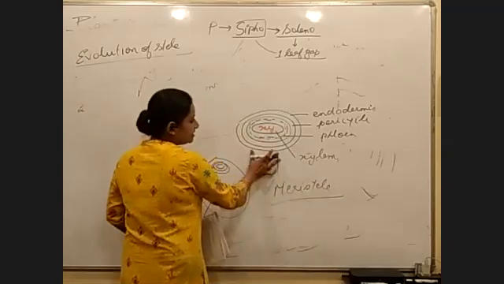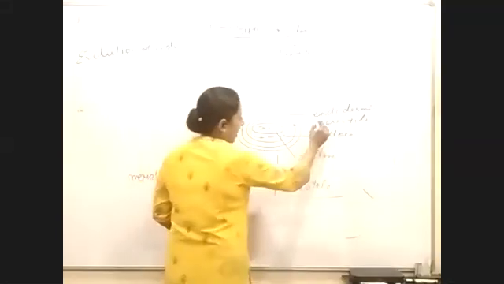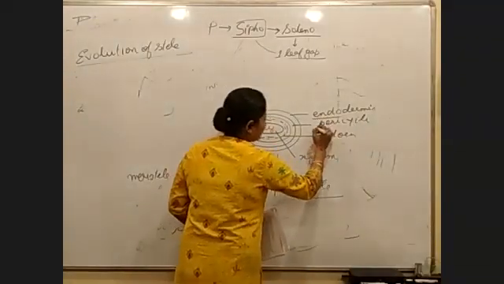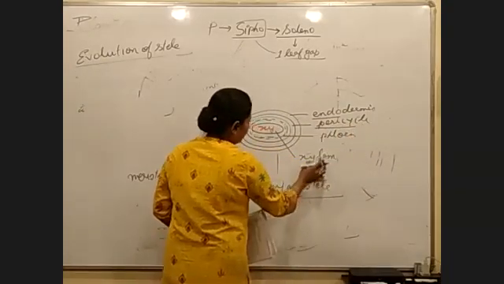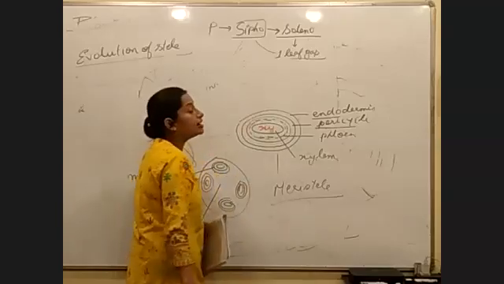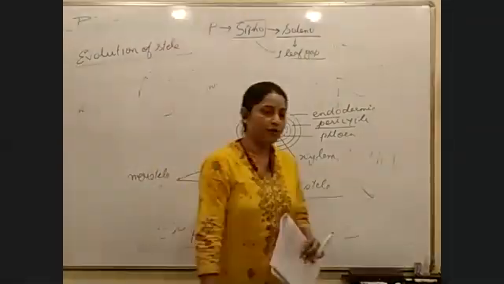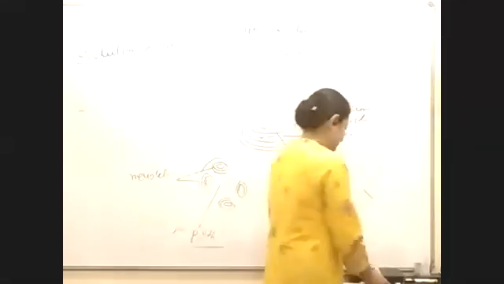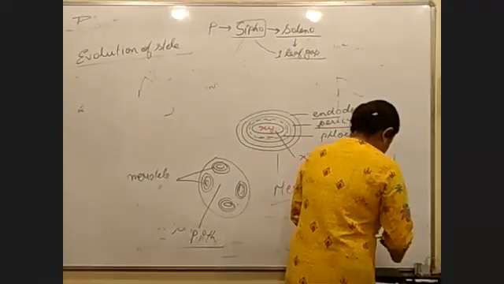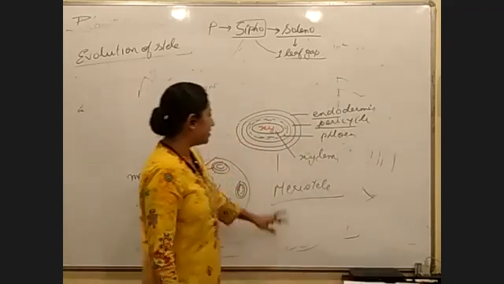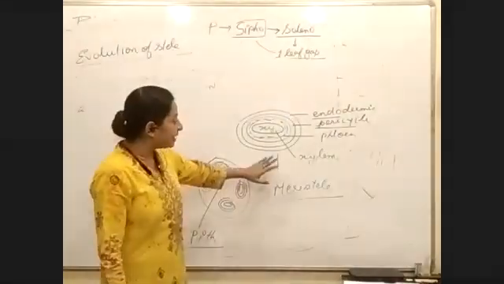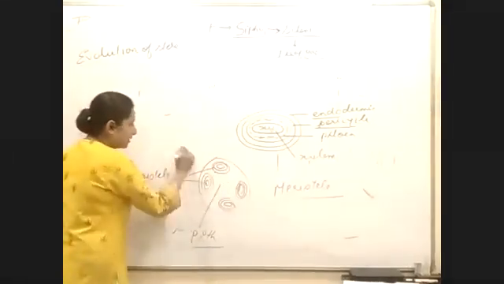Since this small fragment has their own endodermis and their own pericycle and obviously xylem and phloem, so it is said to be a complete stele. Is the point clear? Yes, ma'am. Meristele is a complete stele.